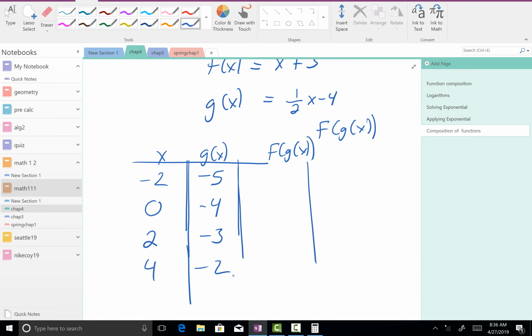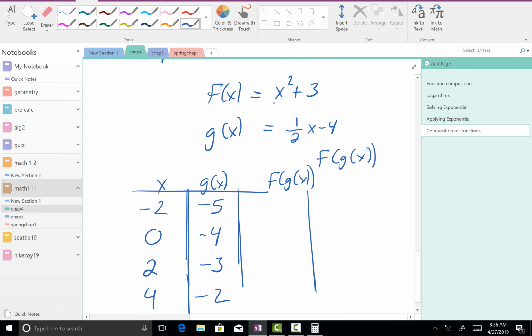Because it's just a line. So these now become the input into this, okay? Because now you're going to take these numbers and put them in there. So what happens is that the output of the G now becomes the input for the F. So now I would take these numbers, okay, and put them into here.